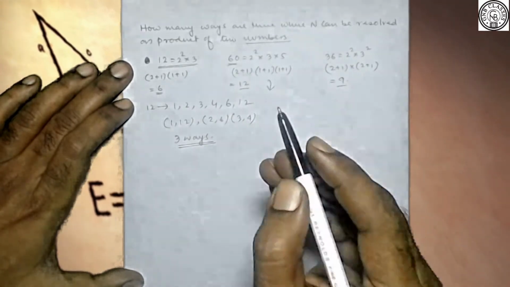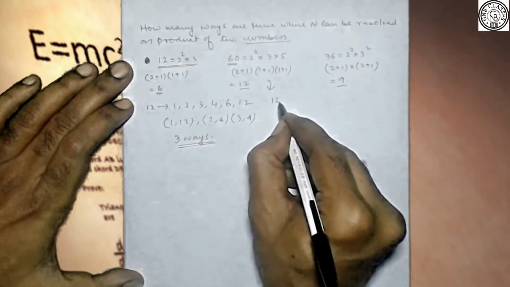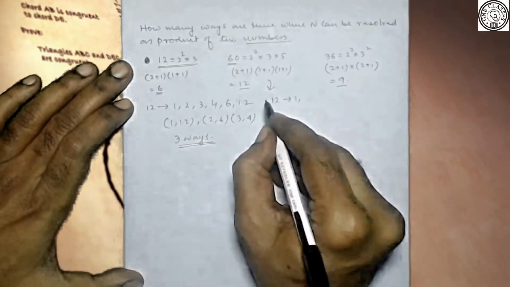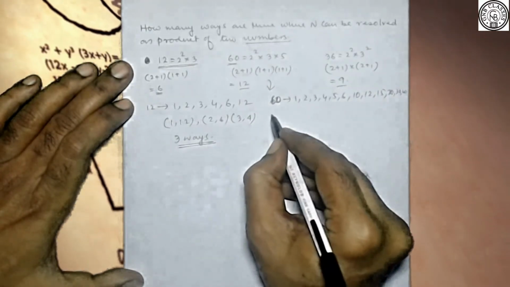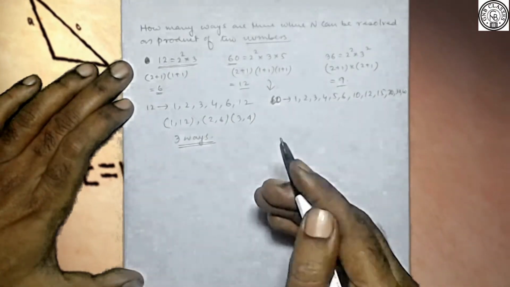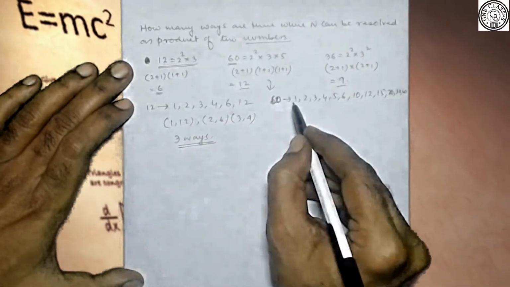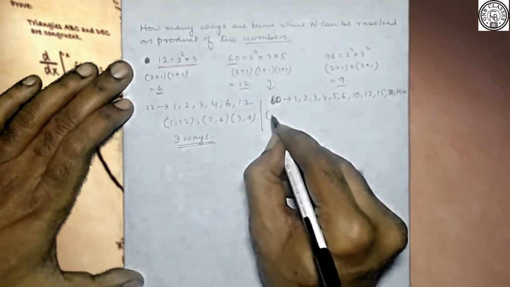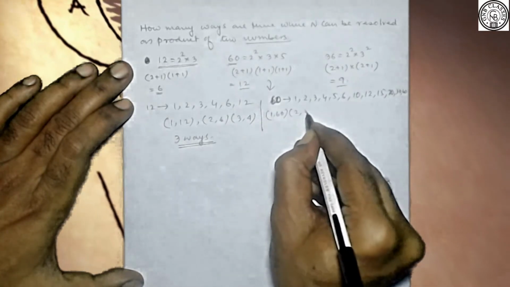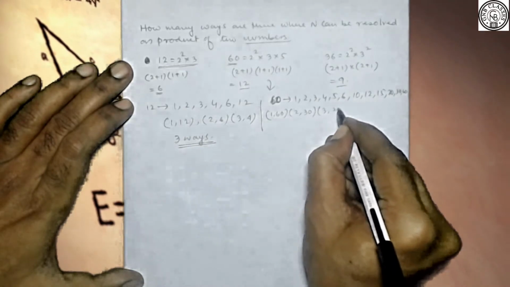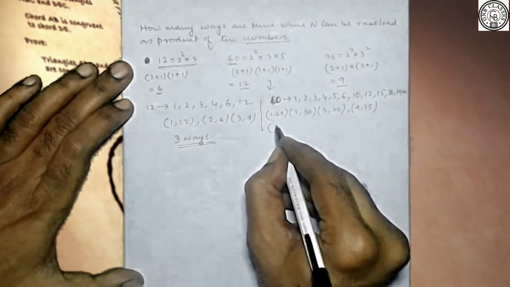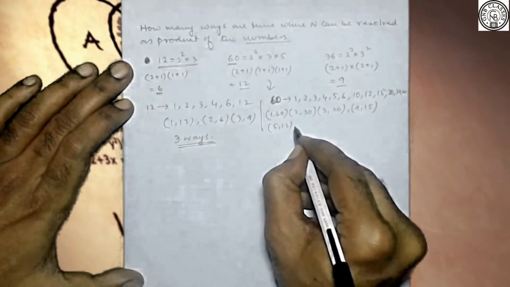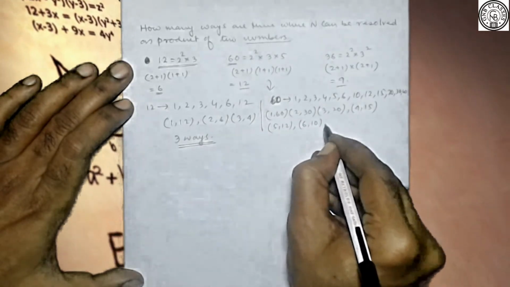Same thing with 60. You are going to have the divisors of 60. So the total number of ways where the 60 can be resolved as a product of 2 numbers are 1 into 60, 2 into 30, 3 into 20, 4 into 15, 5 into 12, 6 into 10.